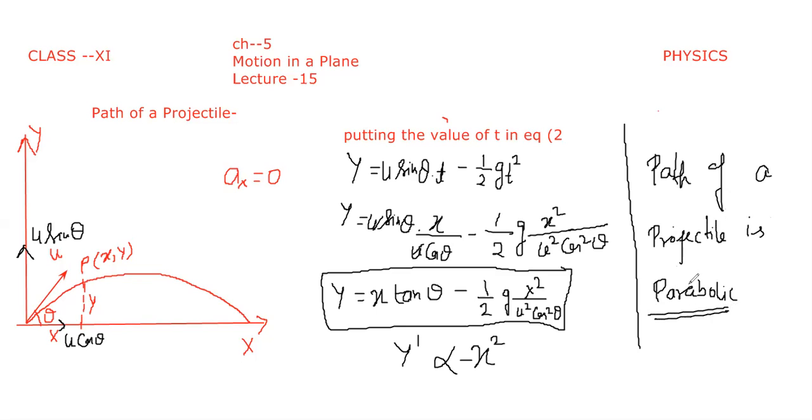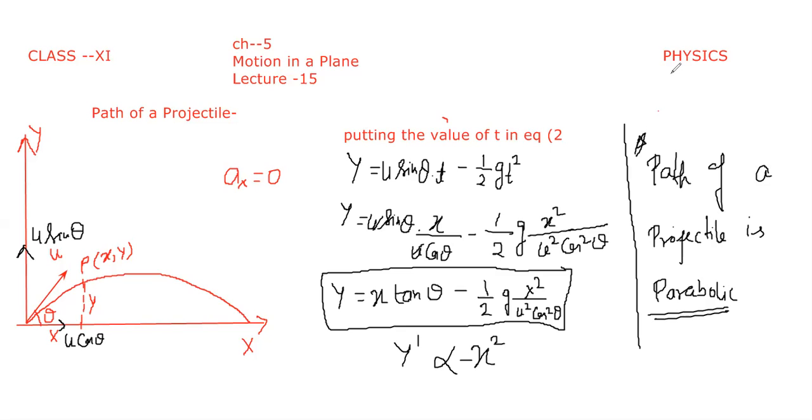You study parabolas in class 11 mathematics. If y is in single power and x is in double power, the path of the projectile is parabolic. This proof generally comes for 3 marks in your annual or half yearly examination.